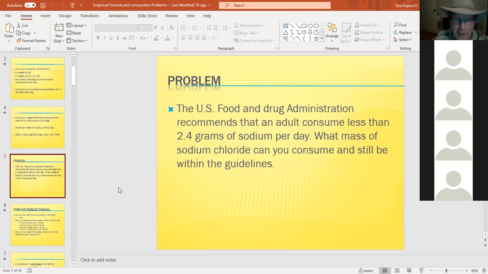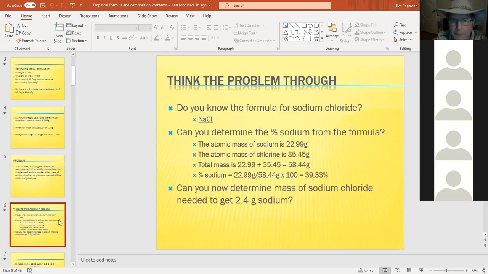Let's work this out. To get the percentage of sodium in sodium chloride, I take the 22.99, divide that by the 58.44. This gives me 39.33%. Now, that's 39.33% of the whole number. That's what we're trying to find out.